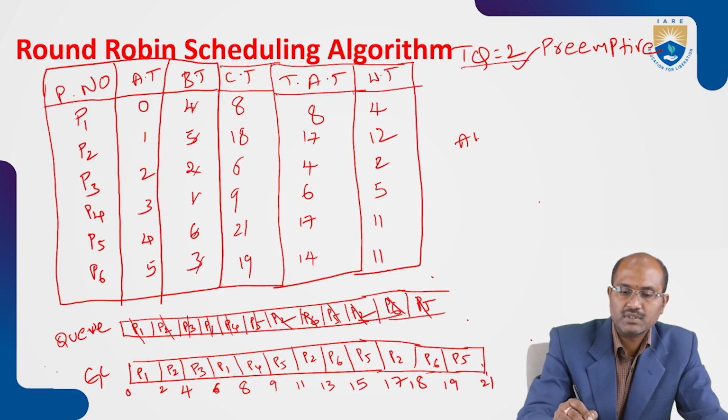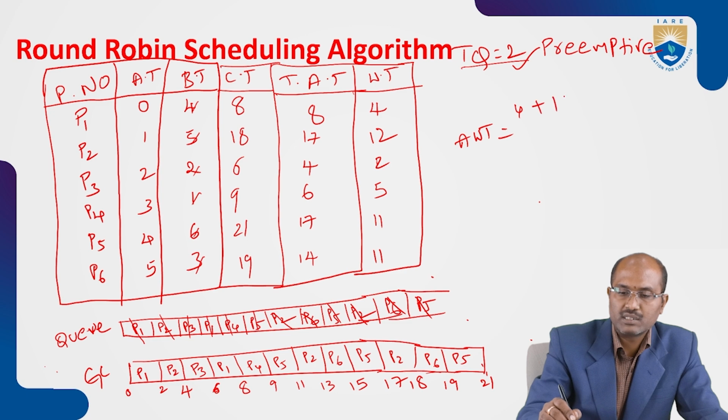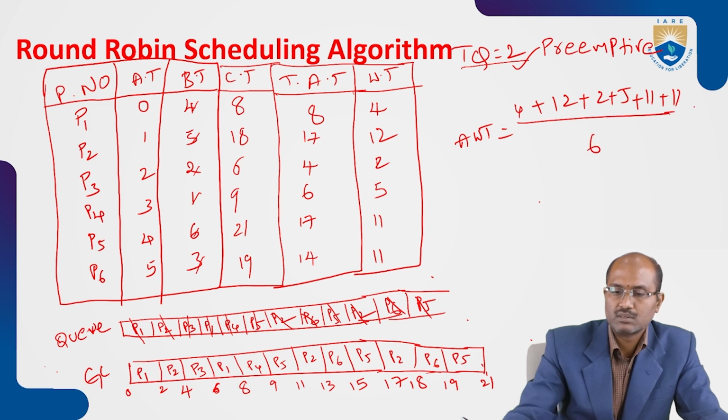Average waiting time is equal to the total: 4 plus 12 plus 2 plus 5 plus 11 plus 11, divided by the total 6 processes.